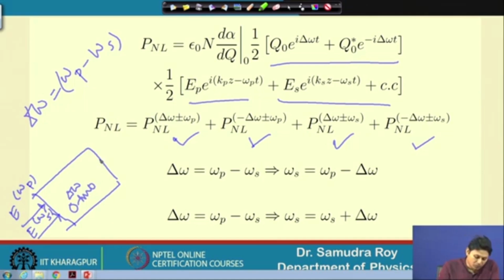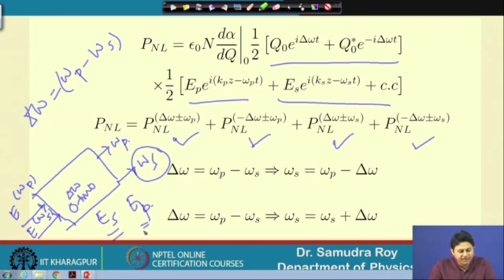Now, this wave will come out, and when it is coming out, omega s, which we call the Stokes wave, is amplified. So, evolution of E s and evolution of E p we need to find out. When omega s is amplified, that means the amplitude of this omega s field, which is E s, is going to amplify.